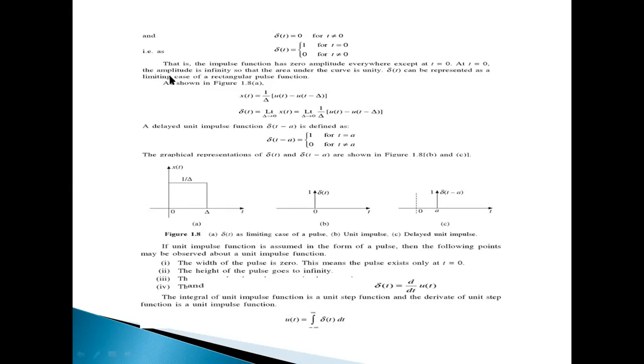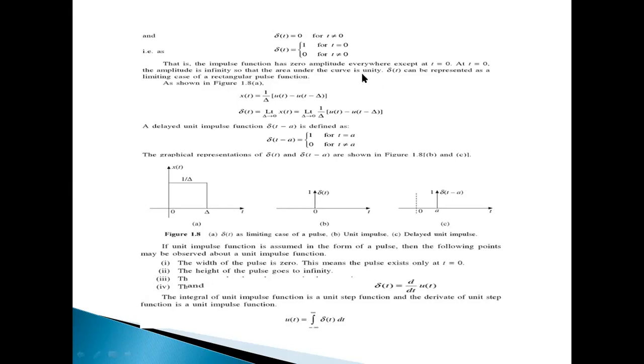At t is equal to 0, the amplitude is infinite, so that the area under the curve is unity.